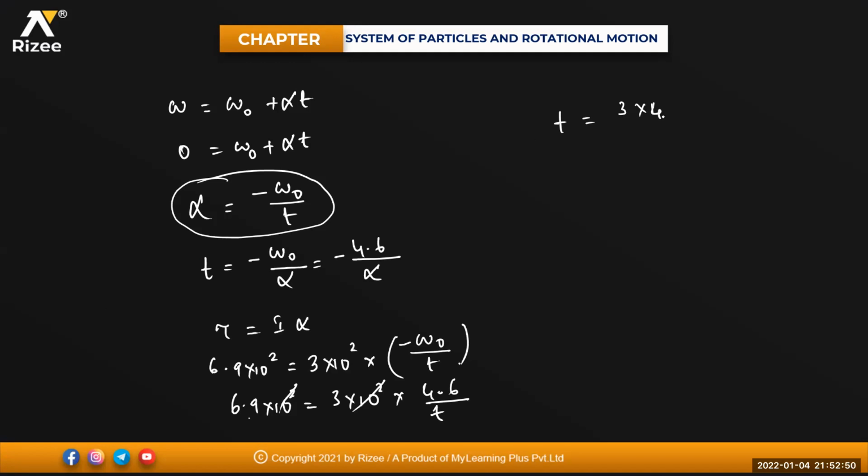So it is 3 into your 4.6 divided by 6.9. So this will be equal to how much approximately? Option B. Let me check. Yeah, option B, 2 seconds is the answer. Minus only indicates direction beta, nothing to do with the calculation because time cannot be negative, no?